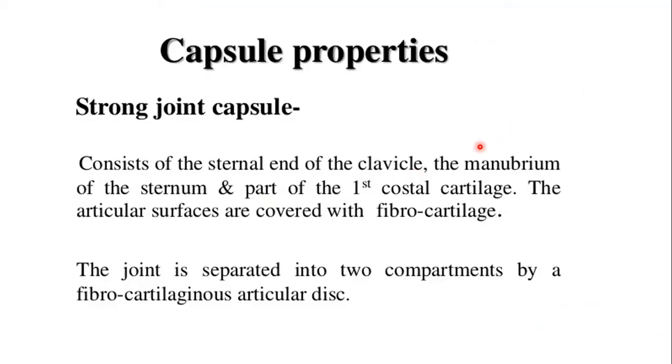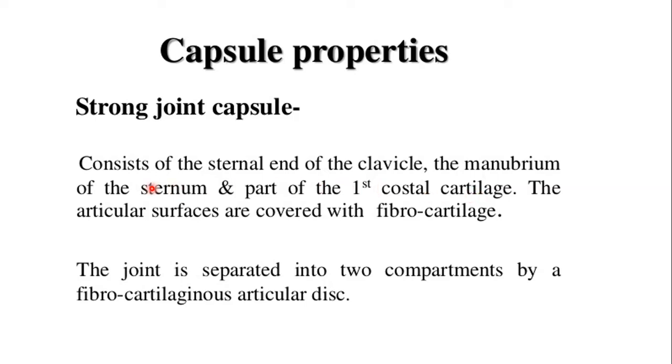Now the capsule of the joint. The capsule of every joint lines the margin, and you know this joint has a sternal and a clavicular head, and it also includes the first costal cartilage.